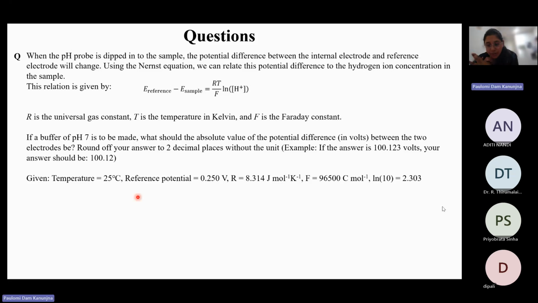We have all the values already given to us, so it shouldn't be a very difficult thing to do. Your temperature is given, your reference potential is given.